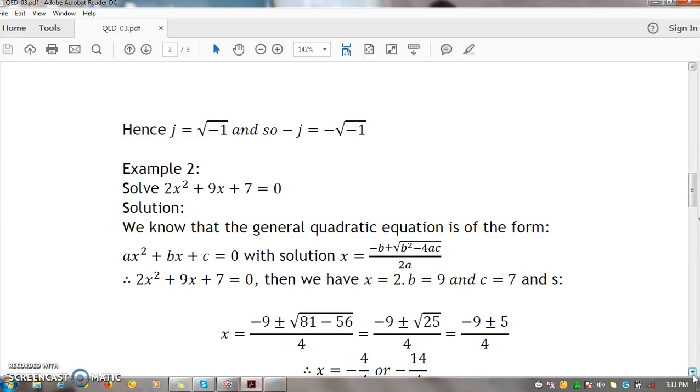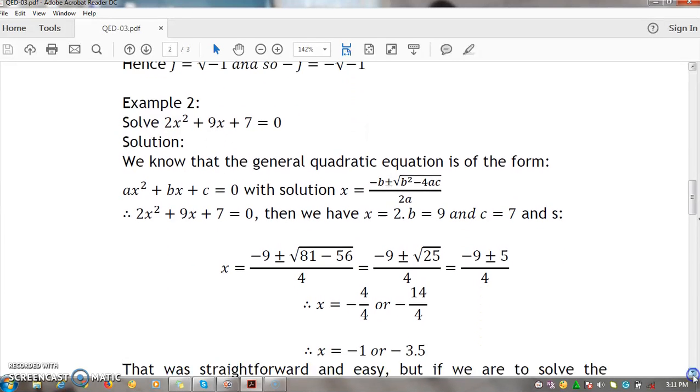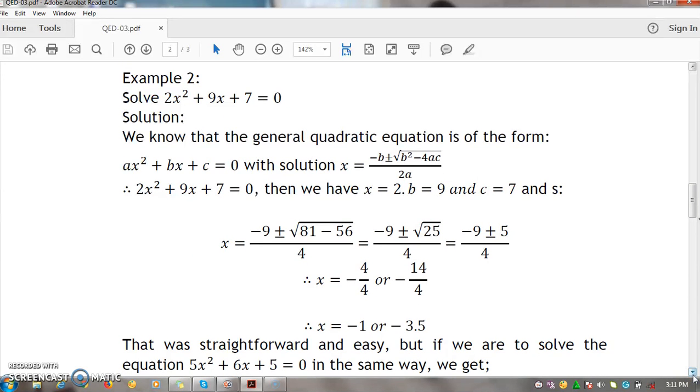We have example 2. 2x squared plus 9x plus 7 equals 0. Yes, we already know how to solve a quadratic equation using the almighty formula, which is minus b plus or minus the square root of b squared minus 4ac, divided by 2a. Now, in the equation, our a is 2, our b is 9, and our c is 7.